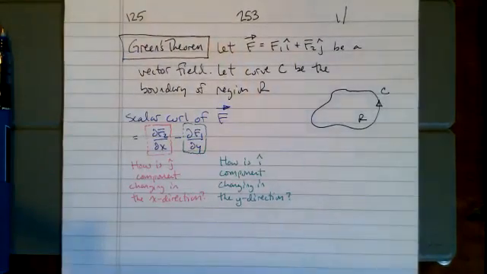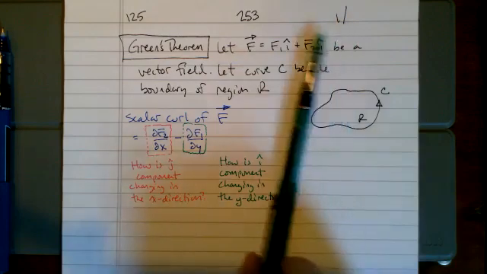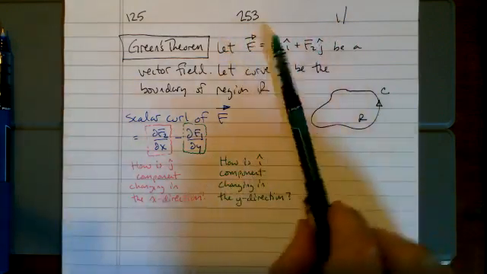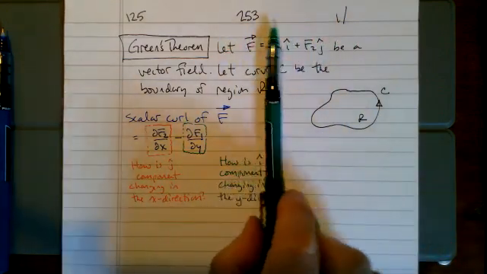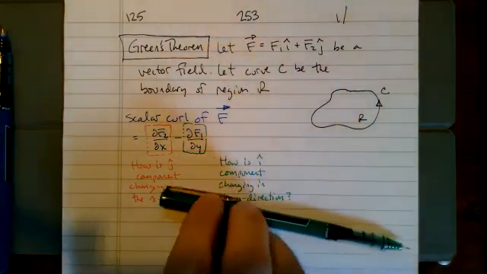So we're looking at the vector field and we're calculating the scalar curl, and it's a measure of how the vector field tends to curl. Because if we're looking at the J component and how it's changing in the I direction, if we move back and forth, we could imagine the vectors turning. And then we could do the same thing with the I component.